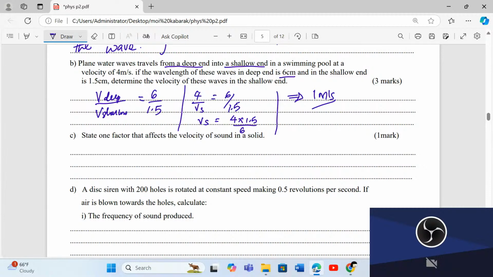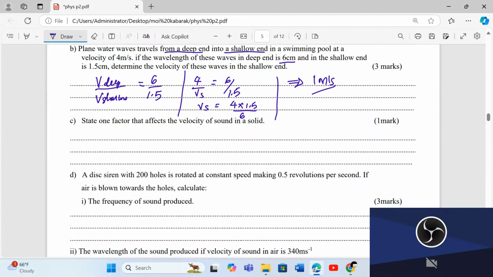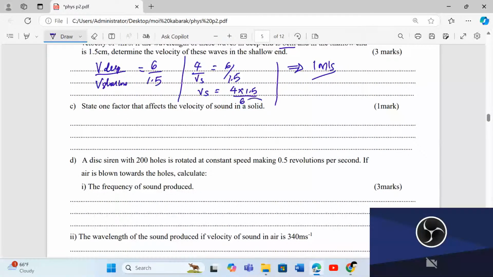State one factor that affects the velocity of sound in a solid. We all know the factors affecting velocity of sound in air, but in this case the question is specific. We are in a solid.